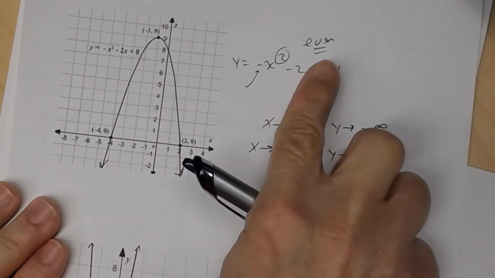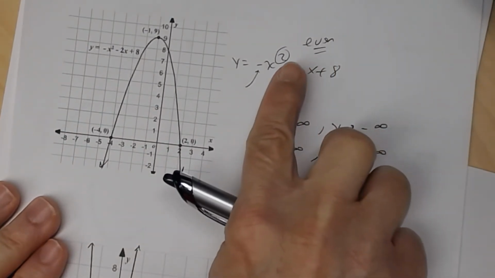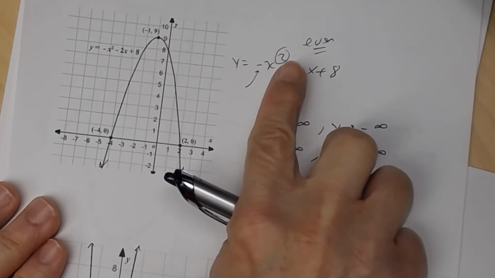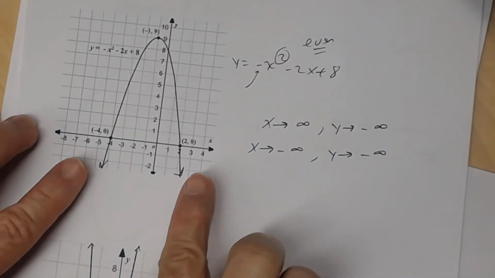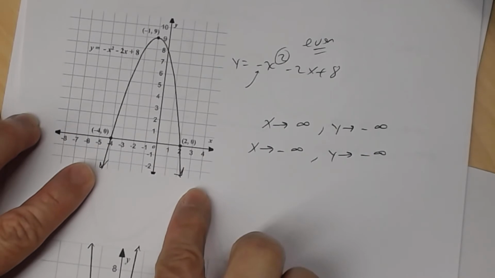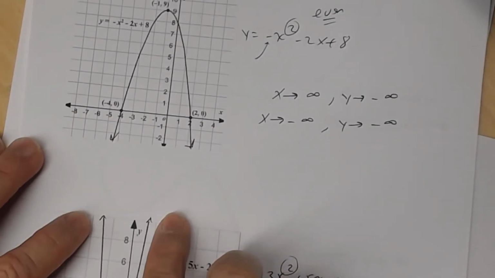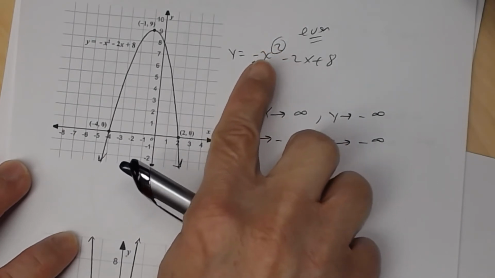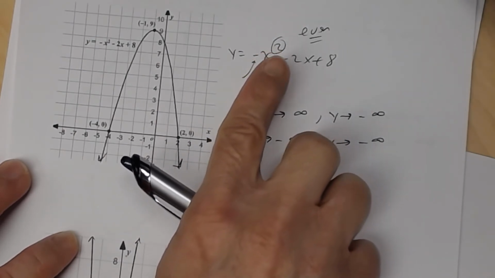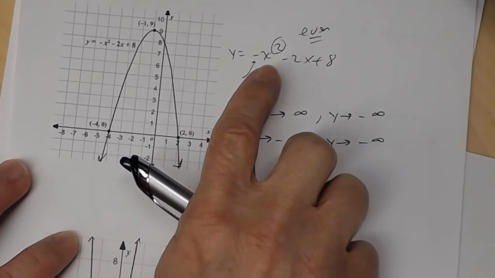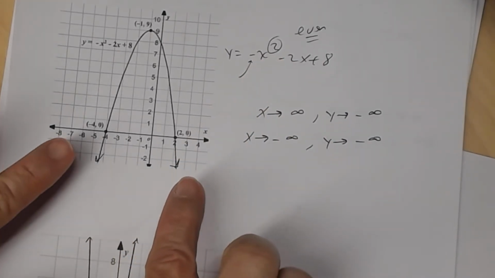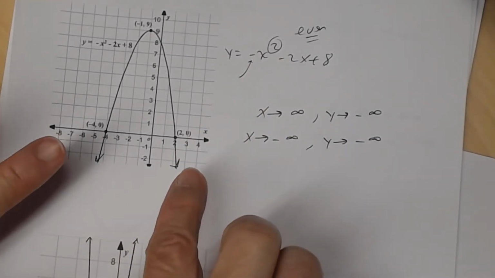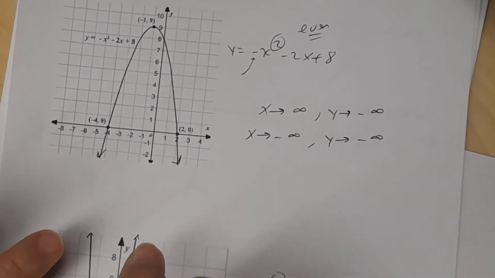If the largest exponent is even, regardless of whether it's x squared, x to the 4th, x to the 6th, x to the 8th, x to the 10th, x to the 12th, the end behavior will either be pointing down or pointing up.